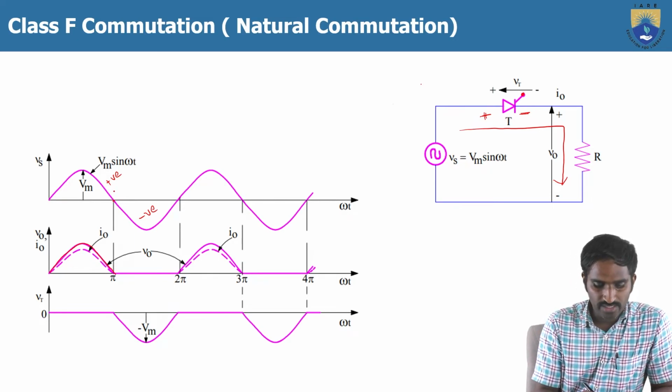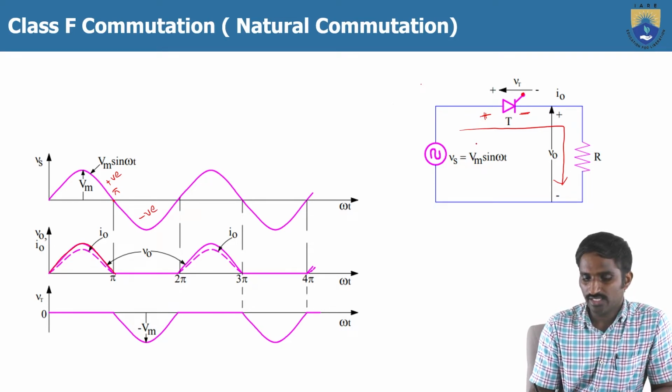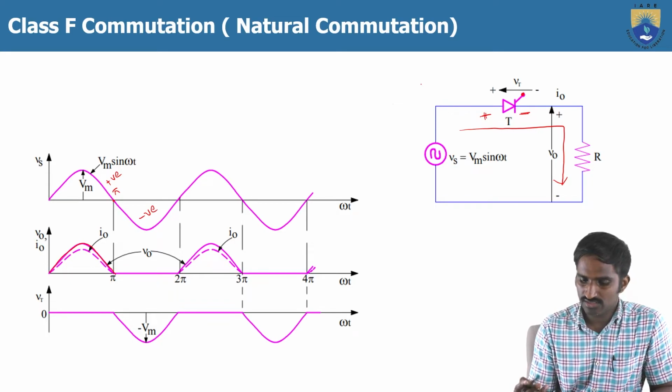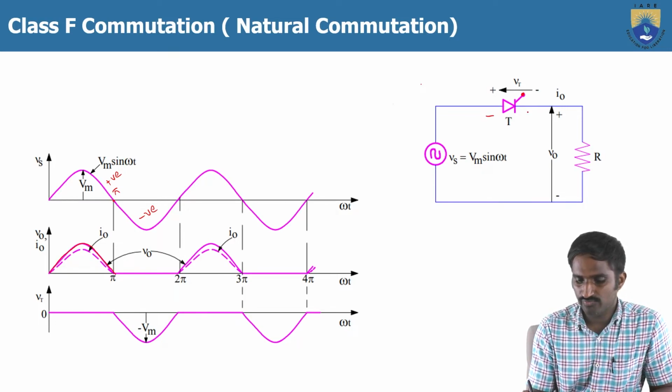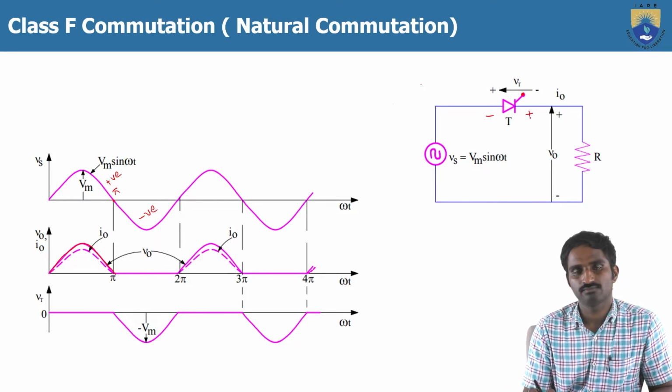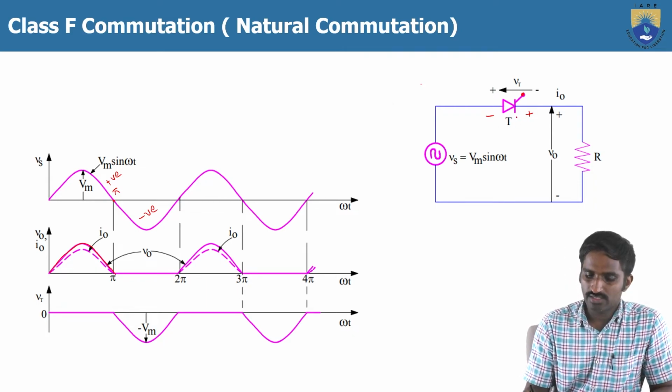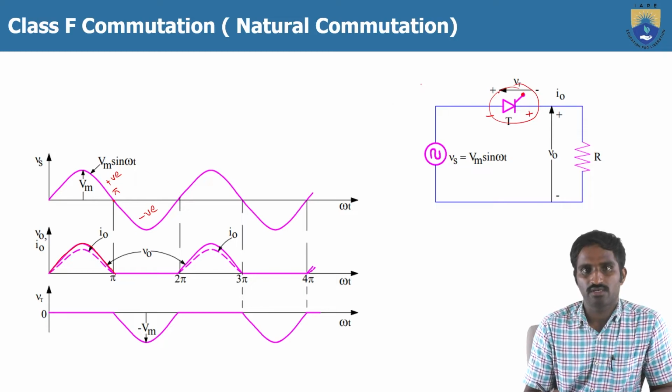And after pi, the negative cycle is applied across the thyristor. In this case the anode is negative with respect to the cathode, then the thyristor will turn off.